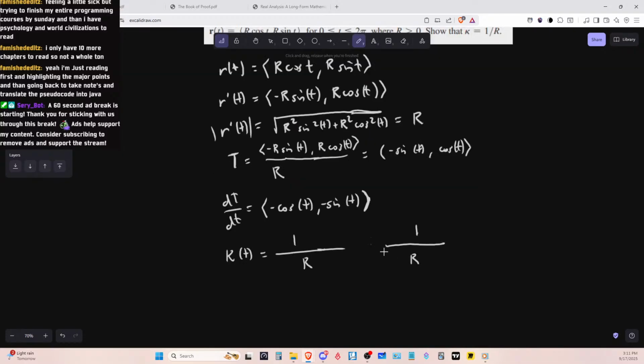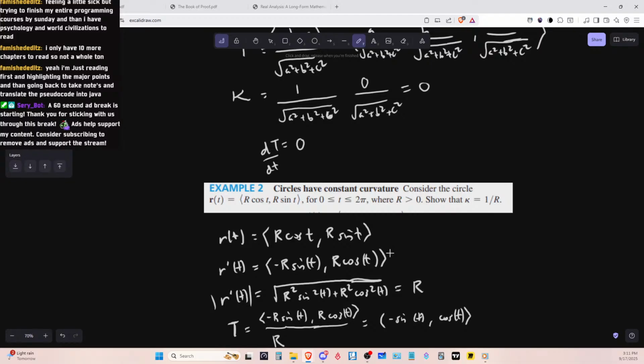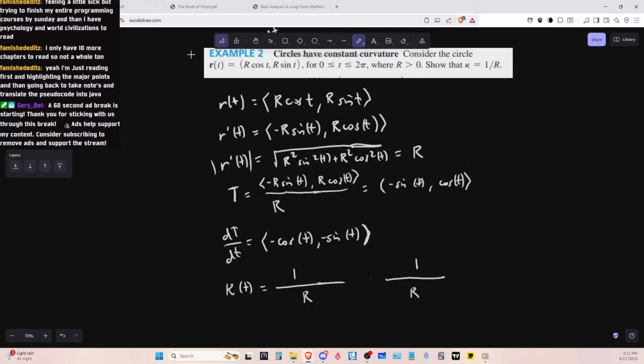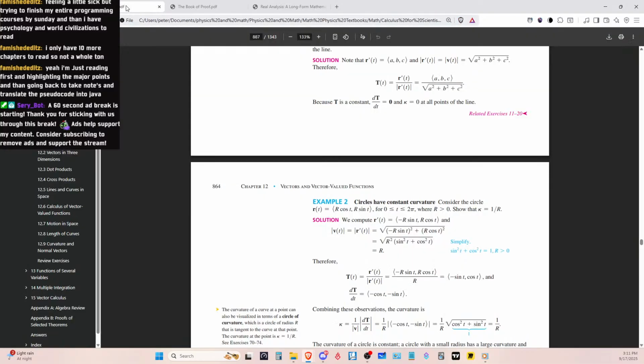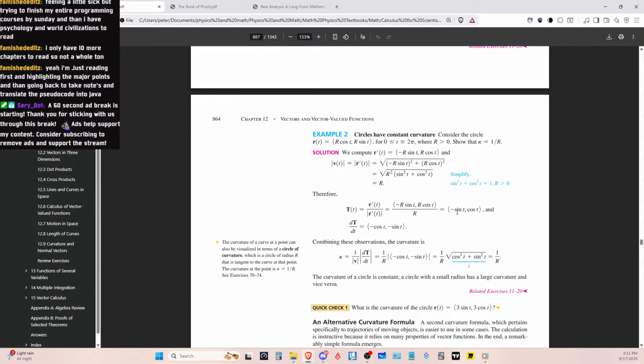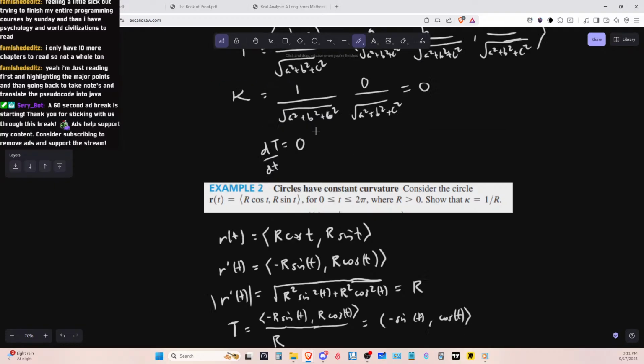But then we ended up getting another 1, so it would be 1 over r squared, which I'm not understanding why. Must have missed something. Yeah, we did this right. Did that. Oh, maybe I did an error here.